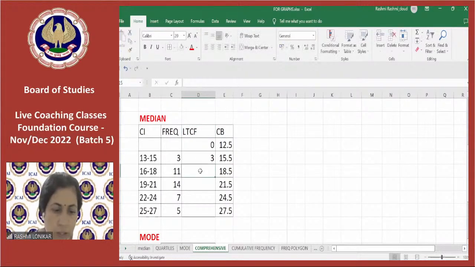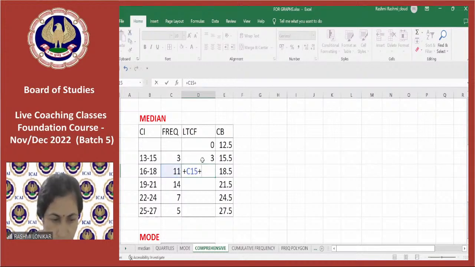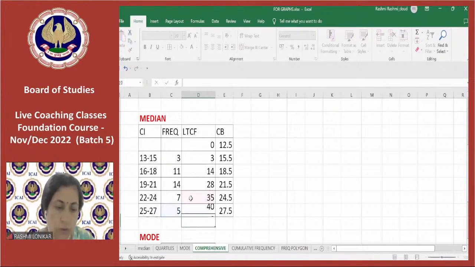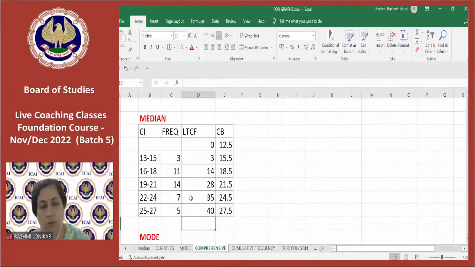Then how many with less than 18.5? This will be this 11 plus this 3, so 14. Then 14 plus 14 is 28, plus 7 is 35, plus 5 is 40. Okay. So this is how I found it out.